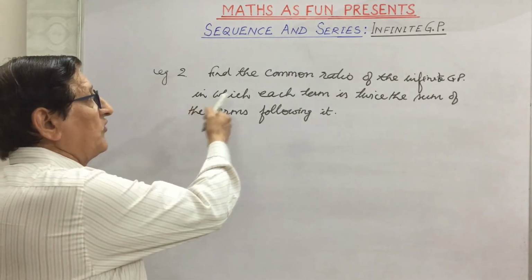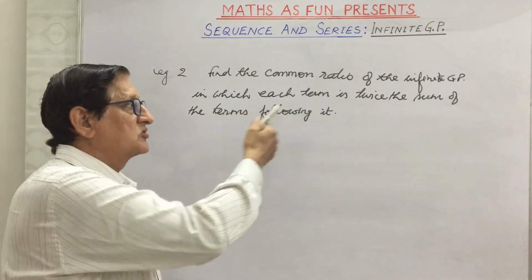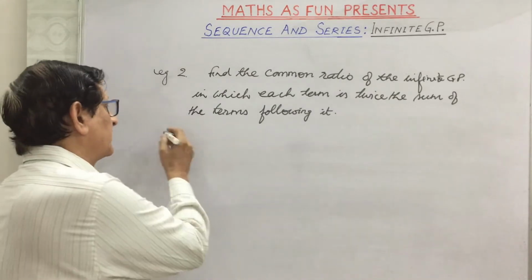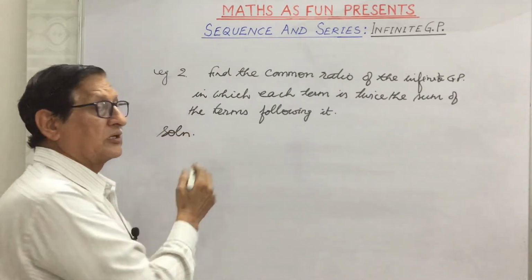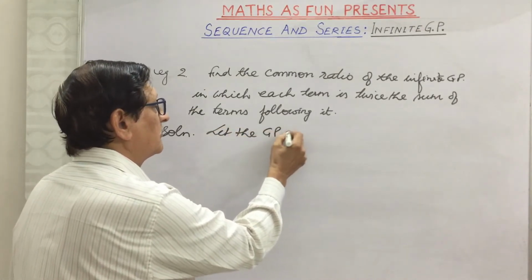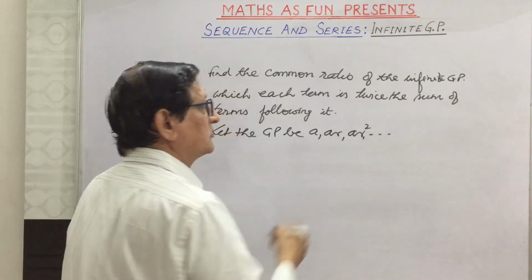That is, find the common ratio of the infinite GP in which each term is twice the sum of the terms following it. To find the solution, let the GP be A, AR, AR square and so on.